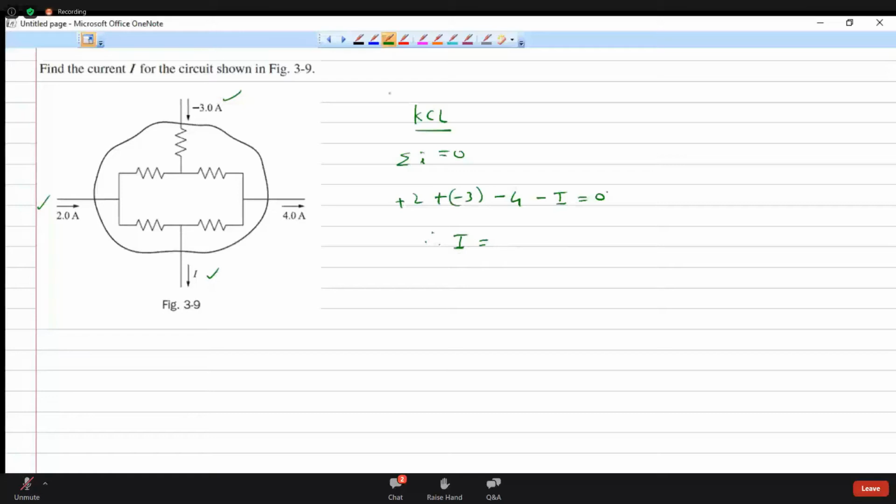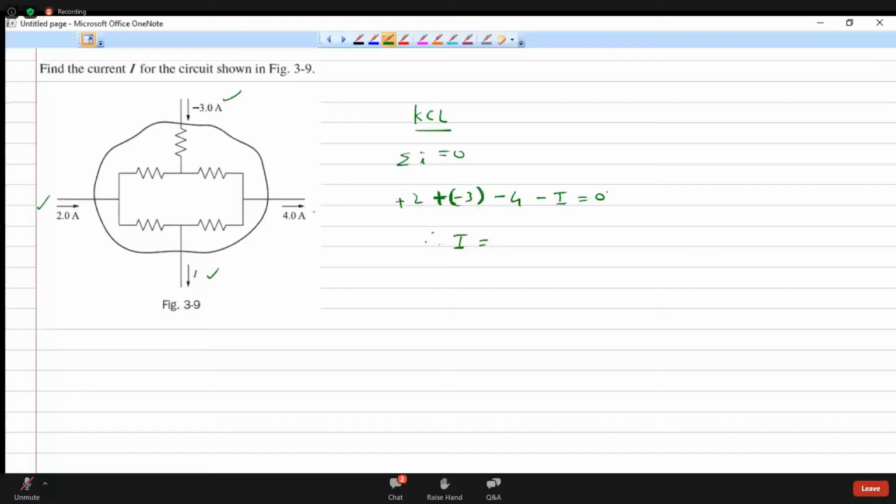Check Kirchhoff's current law. Don't forget about the sign convention. 2 ampere is entering, so you write plus 2. Here, minus 3 ampere is entering. Entering means I put plus here, to denote that it is the current that is entering, and minus 3 ampere is entering.